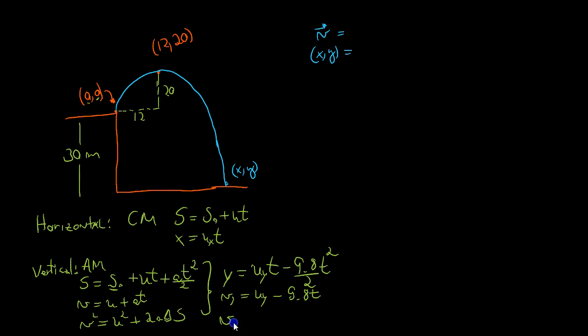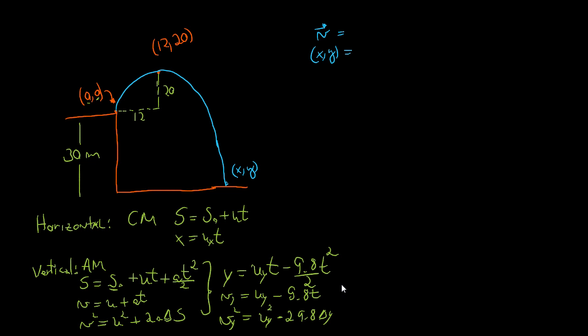And finally, we know that the final velocity squared equals the initial velocity in the y direction squared plus, or should I say minus, because the acceleration is negative, minus 2 times 9.8 times delta y, which is just y.